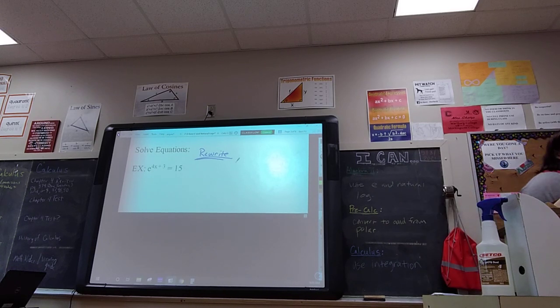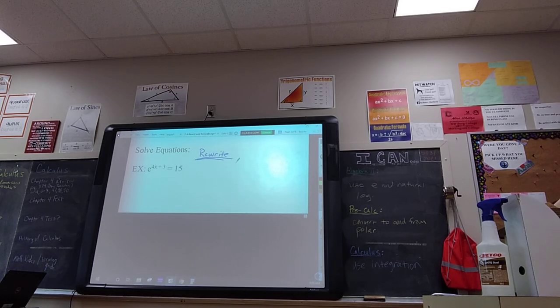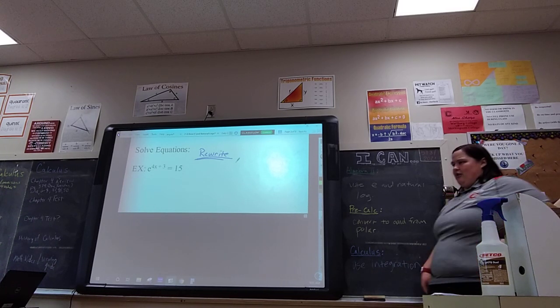Whenever we solve ln and E equations, there's really no other process to do it. We have to rewrite it. If something starts off as an E, you have to rewrite it into its ln form. If something starts off as an ln, you have to rewrite it into E in order to solve it.